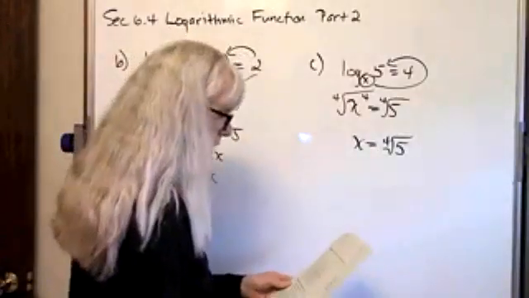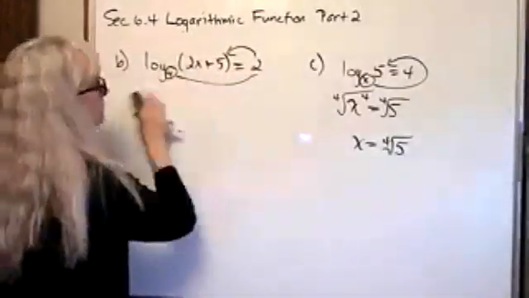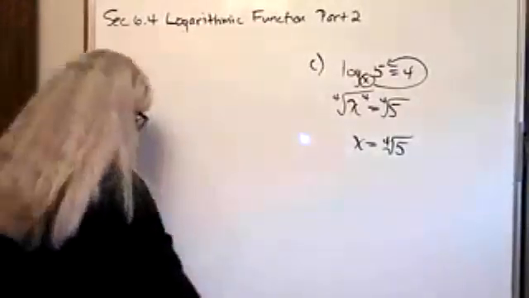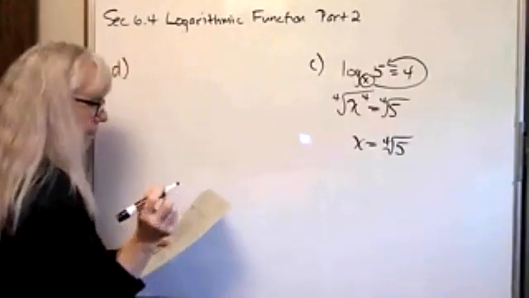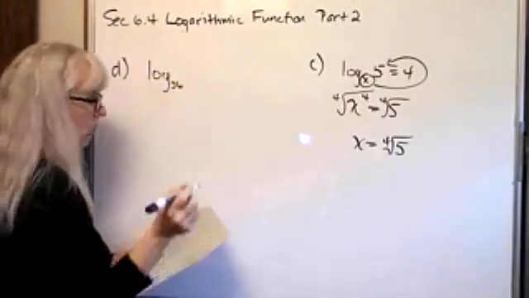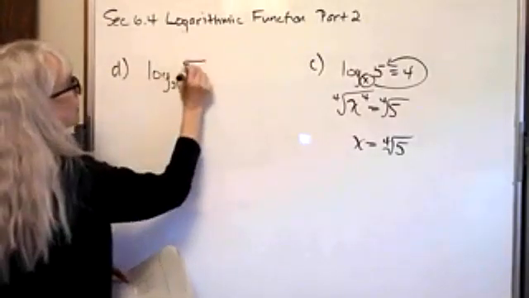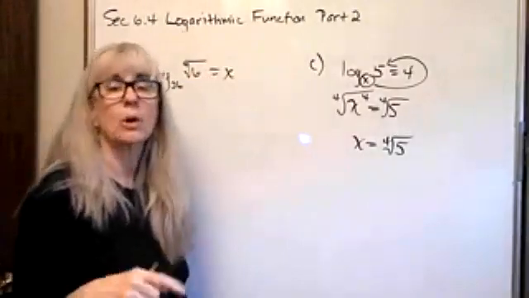And finally, part D. Part D says we have log base 36 of the 4th root of 6, and that's equal to x. Well, that's very similar to the problems we were working in example 2. We're going to switch forms.